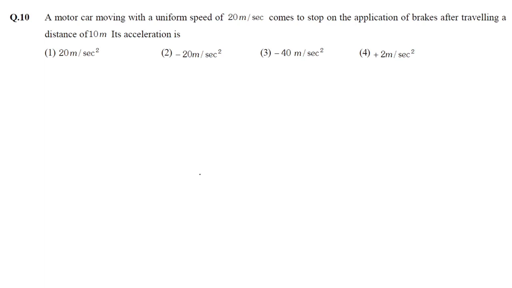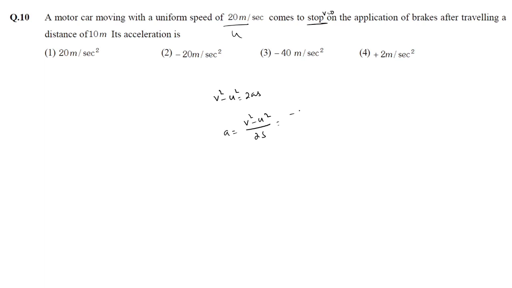A motor car moving with a uniform speed of 20 meter per second comes to stop. Comes to stop means its final velocity is 0, and this we can take as initial velocity. On the application of the brakes, after traveling a distance of 10 meter, its acceleration is, okay. So here we can use the formula like this: v square minus u square is equal to 2as. So acceleration they are asking, v square minus u square divided by 2s.